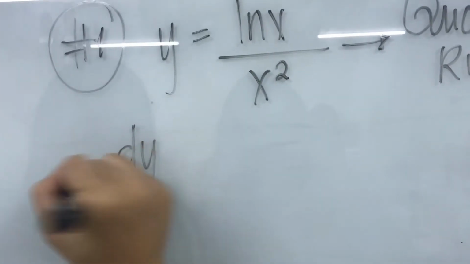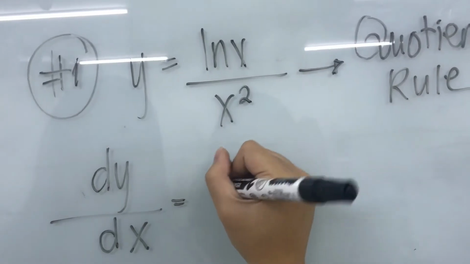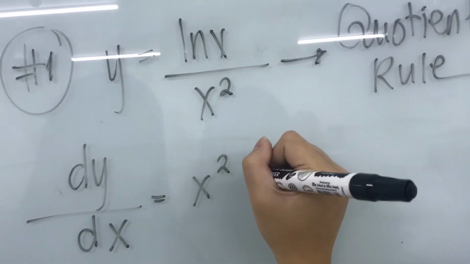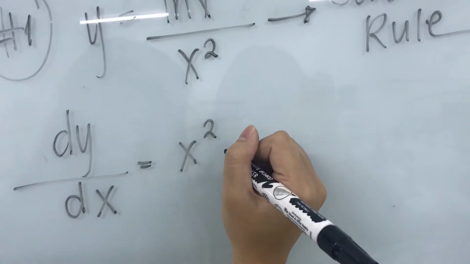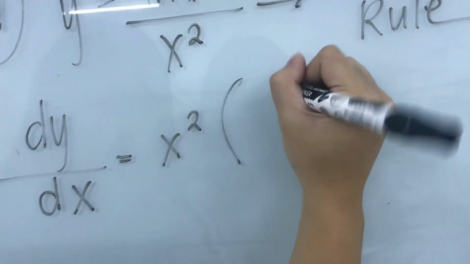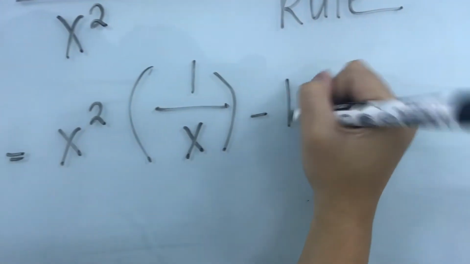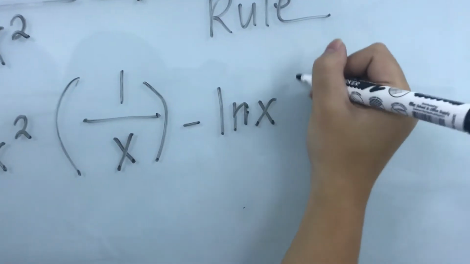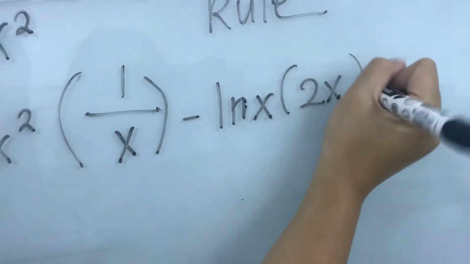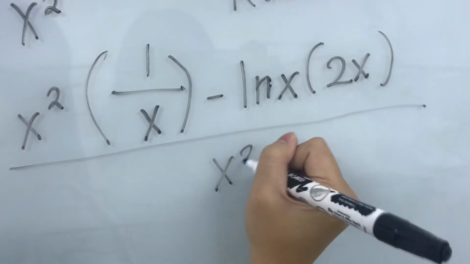So it will be dy over dx is equal to x squared multiplied by the quantity of 1 over x subtracted by ln x multiplied by 2x, over x squared squared.